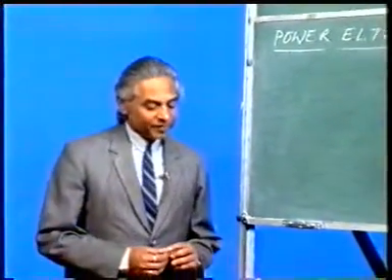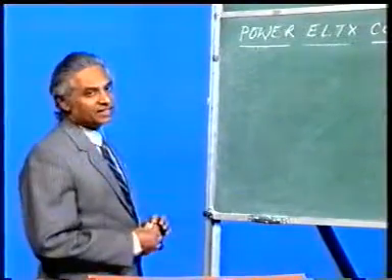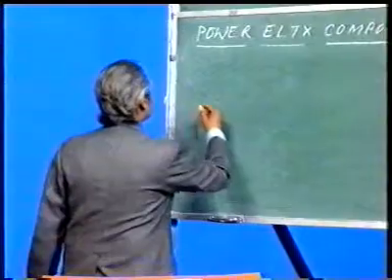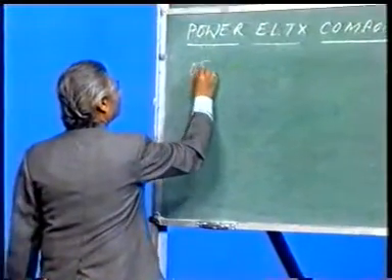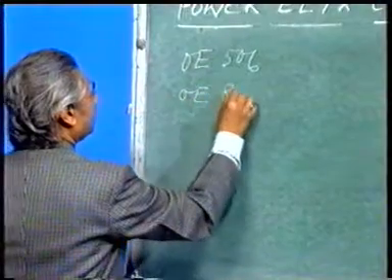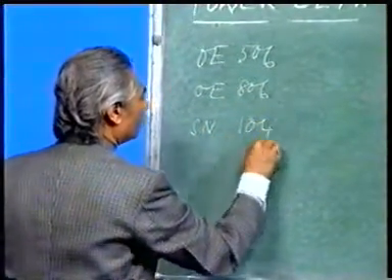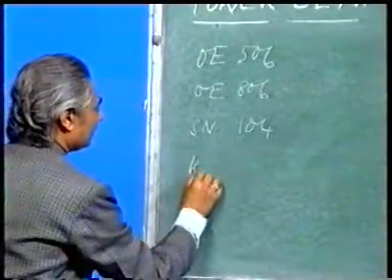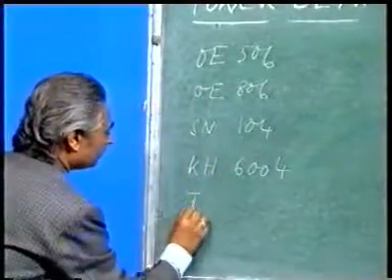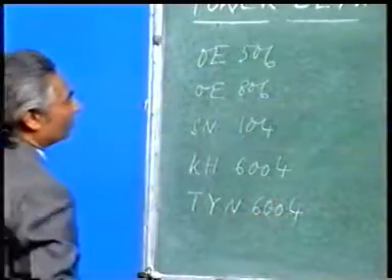Now we are going to discuss some of the numbers of the SCRs and Triacs and Diacs which are normally found in the market. In case of SCRs we have OE506, OE806, SN104, KH6004, TYN6004.